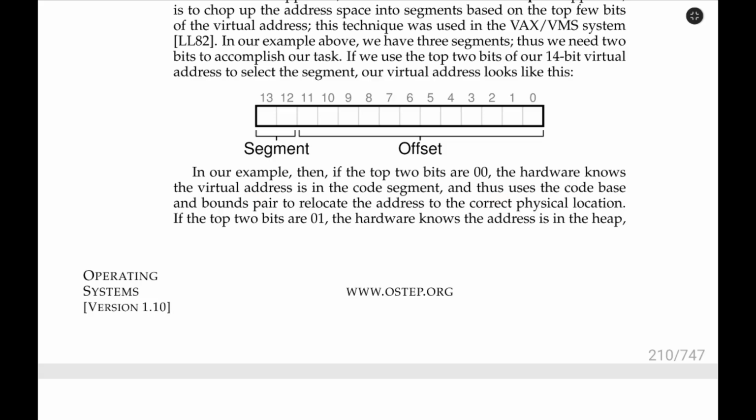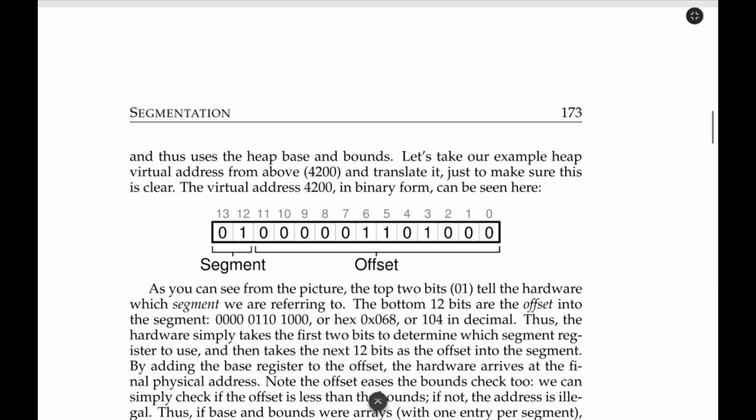Thus, it uses the code base and bound pair to relocate the address to the correct physical location. If the top 2 bits are 01, the hardware knows the address is in the heap and thus uses the heap base and bound.